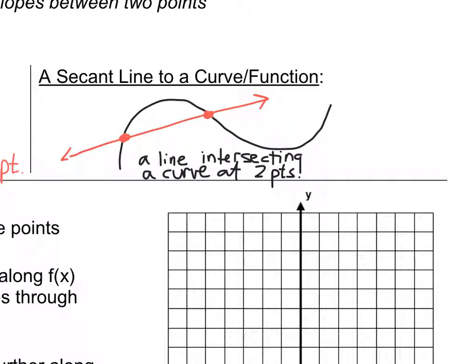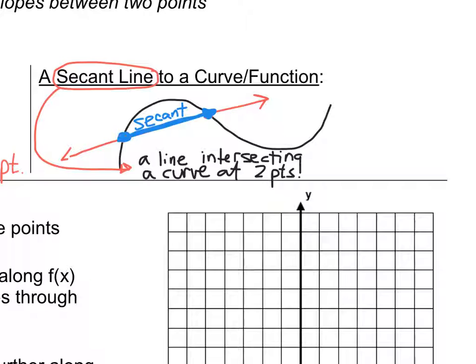Now we define a secant as just being the line segment connecting those 2 points. So that's the shift. The secant line would be a line that intersects a curve at 2 points. But the secant itself, when we say something is a secant, it is the line segment connecting those 2 points. All right, so a secant line is just the extension of the secant.